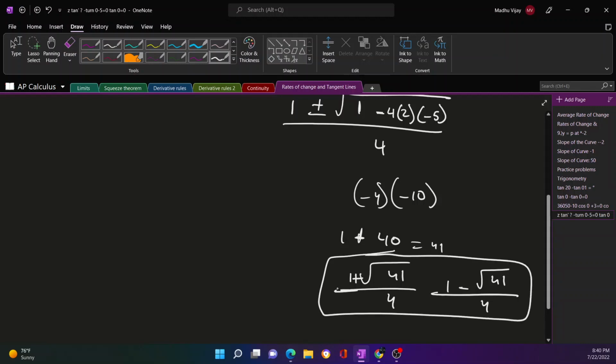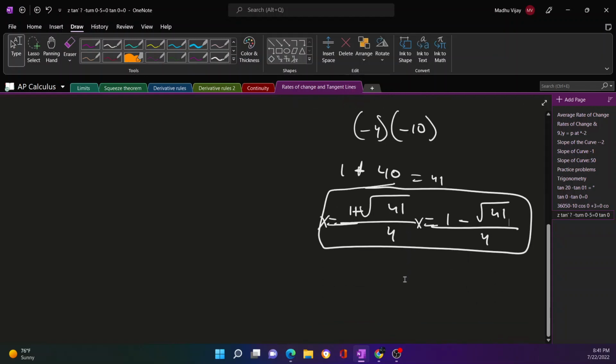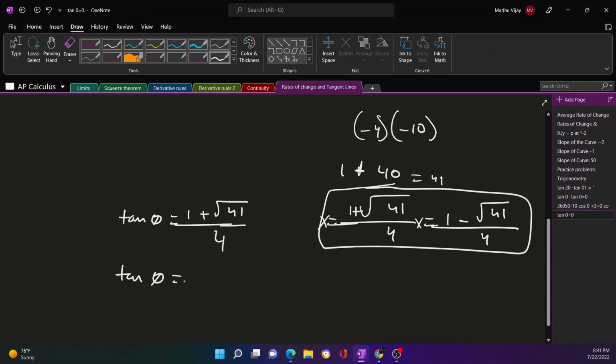By the way, this is what x is equal to. So that would tell us that tangent theta is equal to 1 plus square root of 41 all over 4. Tangent theta is also equal to 1 minus square root of 41 all over 4.